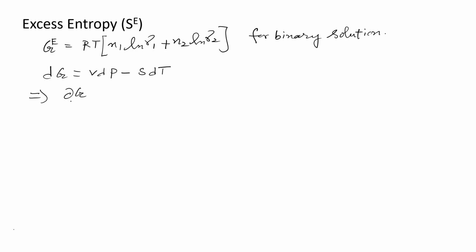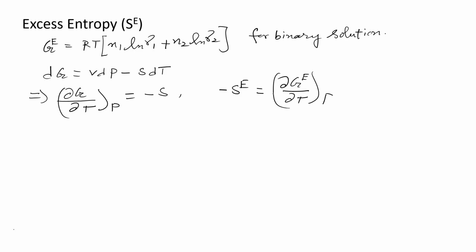Del G, that is differentiation of G with respect to temperature at constant pressure, will be equal to minus S. So we can write that minus excess of entropy is equal to del of excess free energy divided by del T at constant pressure.